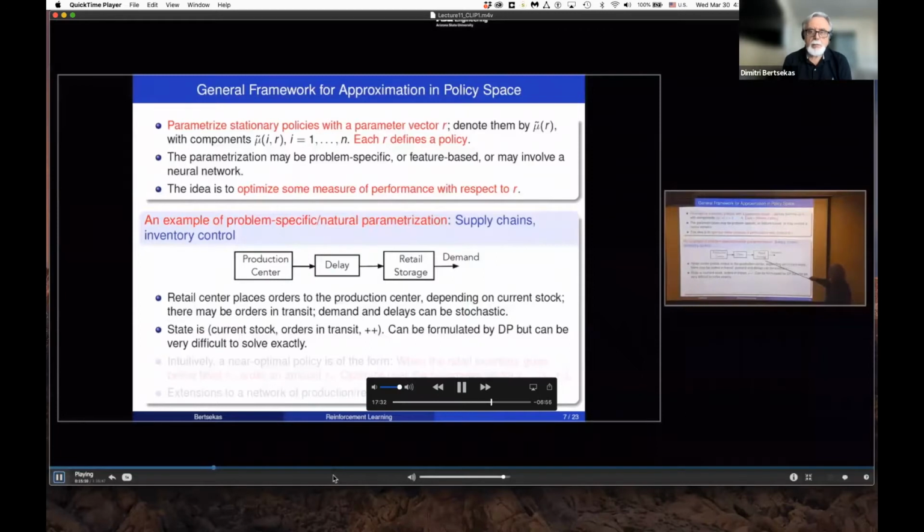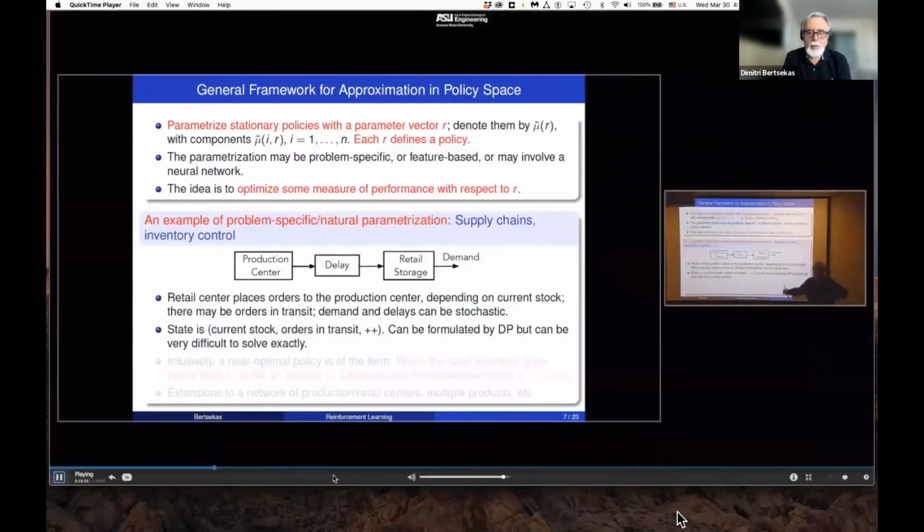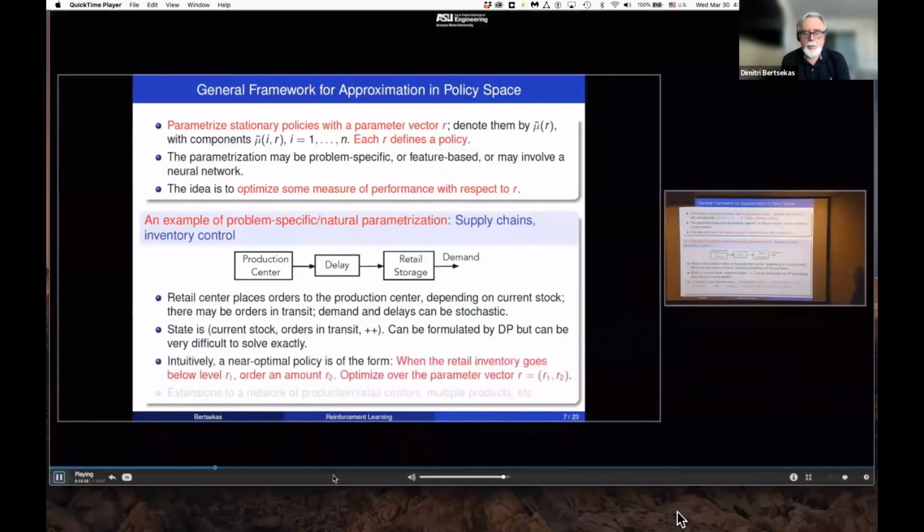particularly if you have a more complicated system involving multiple production centers, involving assembly lines, assembling different products into other products, and so on. However, in this setting, there are some intuitive policies that you can use. Here's an example of a near optimal policy.